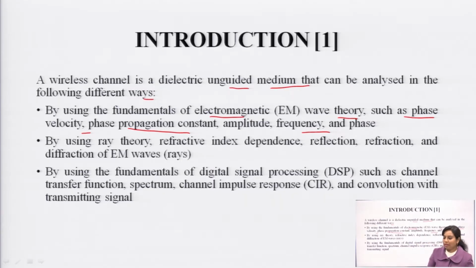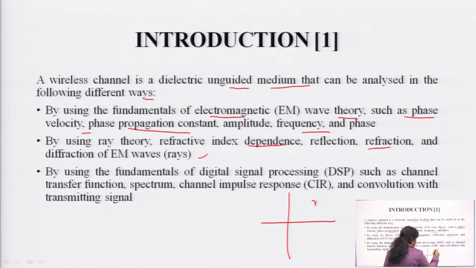Second is by using ray theory: refractive index dependence, reflection and scattering. These are the parameters that change the characteristics of the signal in multipath propagation. That is a part of ray theory. If you remember, this is medium 1 having refractive index n1, and this is medium 2 having refractive index n2.